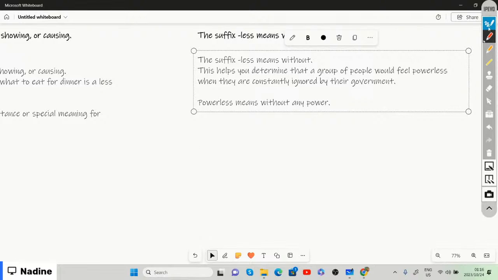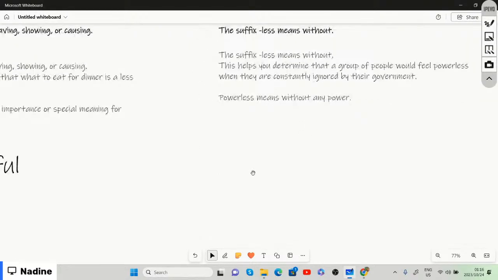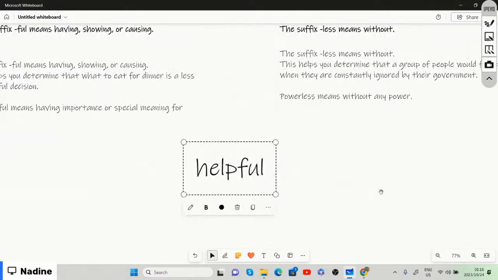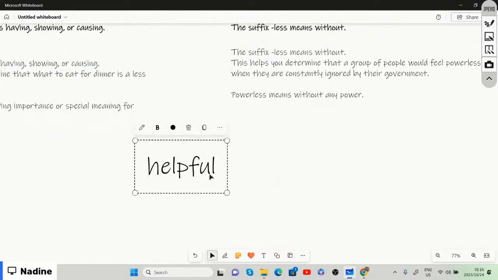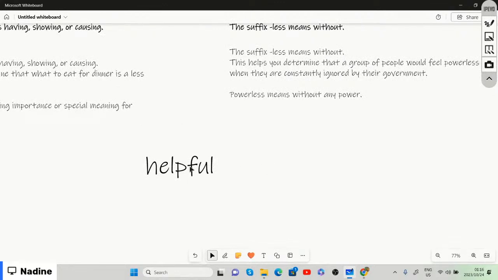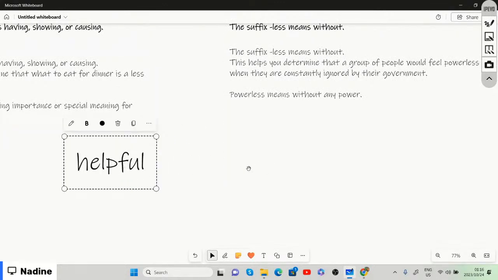And if we specifically look at our word that we used with full, we get the word helpful. And helpful, we said, is giving or ready to give help.